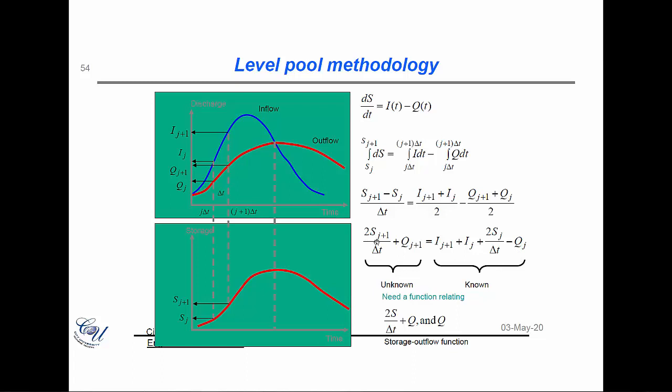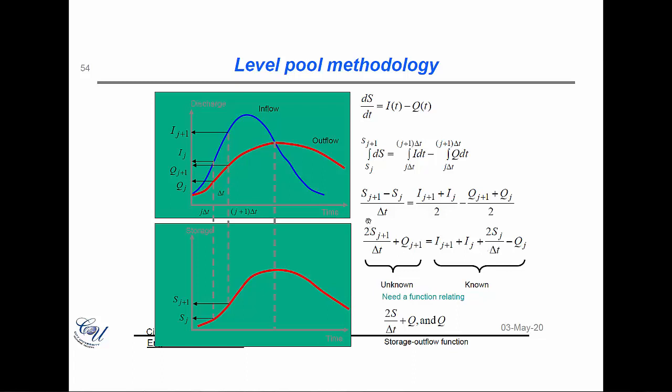So this basically is the storage at time interval plus 1. In the second time step, for example, let's say this is day 1, and then storage at day 1 plus 1, so the second day storage. Similarly, discharge on the second day, inflow on the second day, inflow on the first day, and storage on the first day.